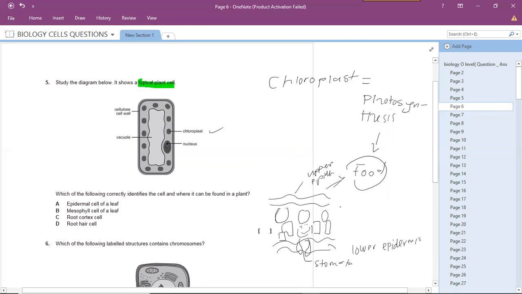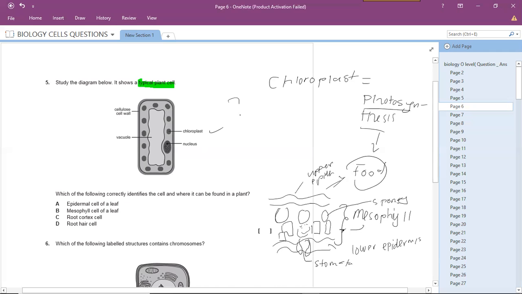So this layer in between is known as the mesophyll layer, the internal organ of the plant. This is where you have a lot of palisade cells and spongy mesophyll cells, and these cells are going to have a lot of chloroplasts so that they can carry out this process of photosynthesis.